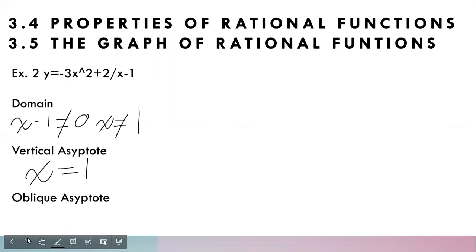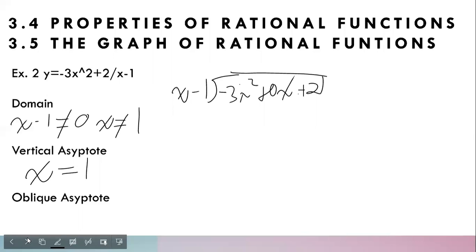And for our oblique asymptote, this time we have to use division. So we'll do the numerator, x squared. You have to make sure you add in your 0x, because otherwise you will mess up your equation. So you have the numerator divided by the denominator. So then you divide it out, and you get negative 3x squared plus 3x.